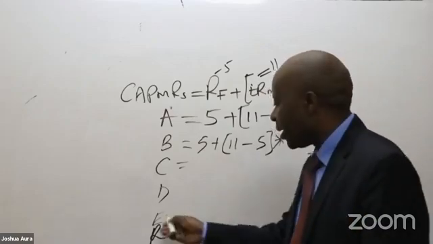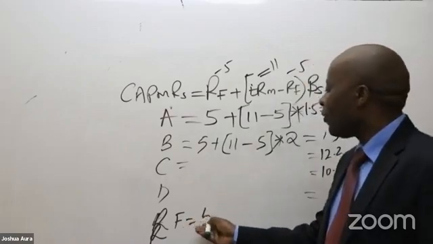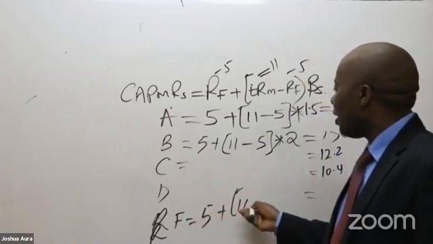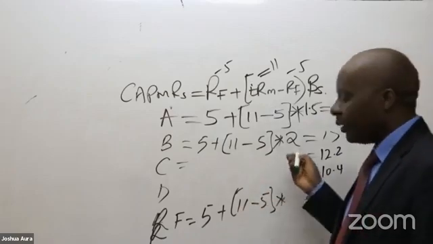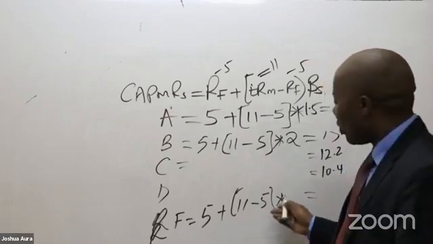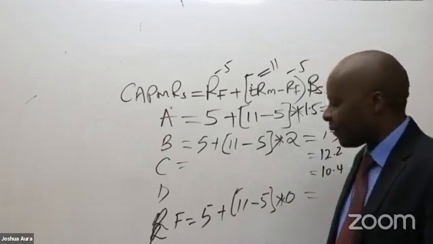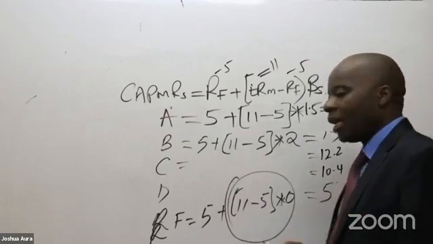Actually, it's our E, what I'm calling here E. For the risk-free asset, we have risk-free is 5 plus 11 minus 5 times the beta factor of this risk-free asset, which is 0, it doesn't have any risk, which will kill the entire term, leaving me with 5 there.